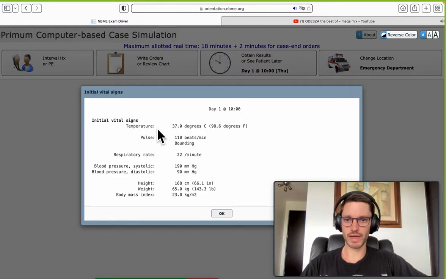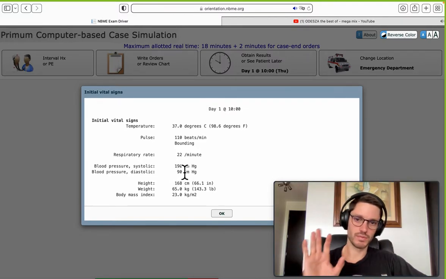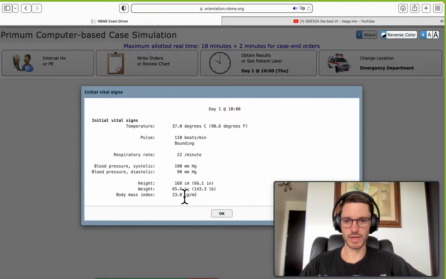Here we have that she is afebrile, she is tachycardic, with a bounding pulse, tachypneic, and hypertensive, pretty hypertensive. This usually isn't solely due to an anxiety attack. These are very elevated blood pressures. We have to see what else we have. And body mass index is normal.